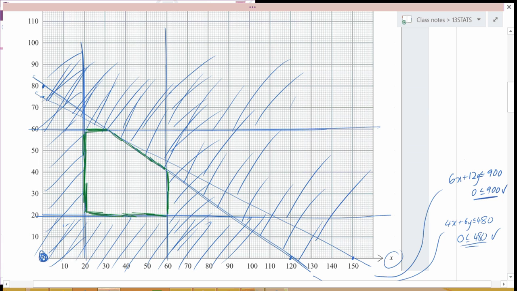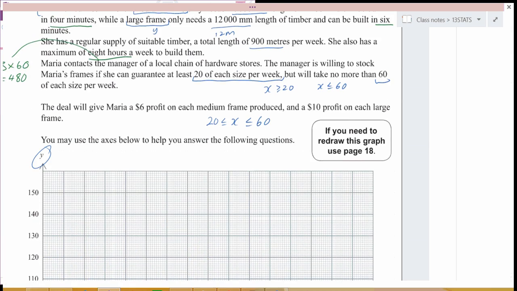Okay, so when we get to this point, we want to look at maximising our profit function. Now we haven't actually talked about that yet, so let's go back up to our question. We were given some information about the profit.